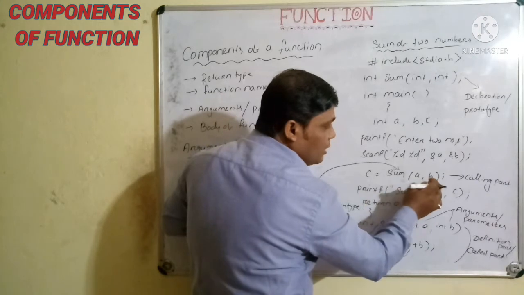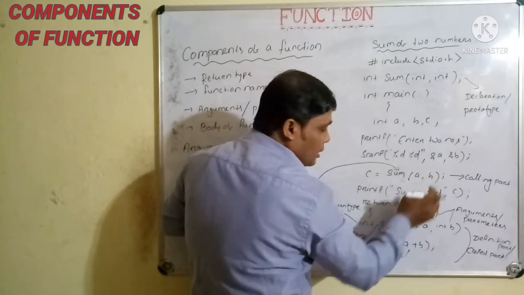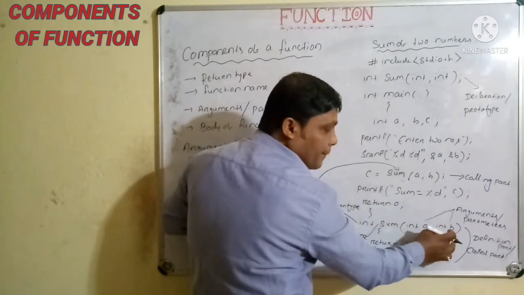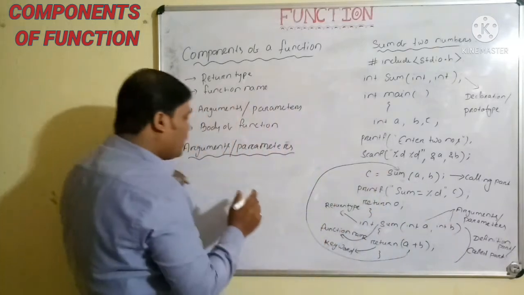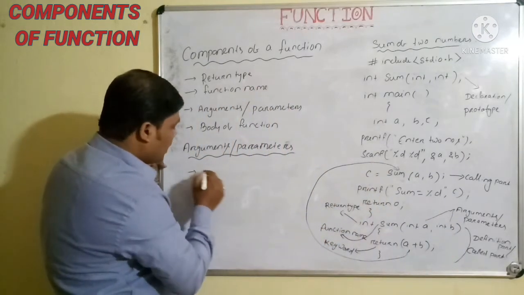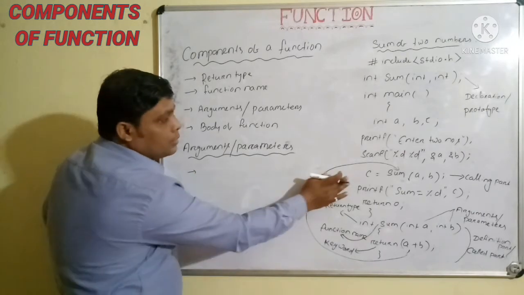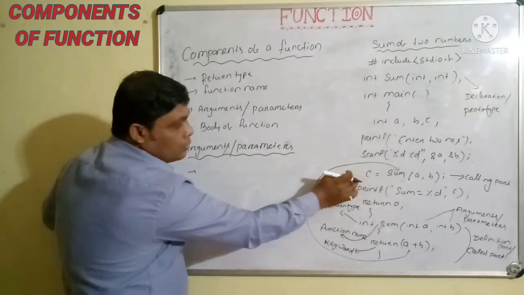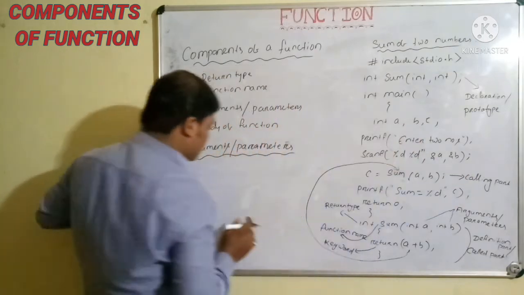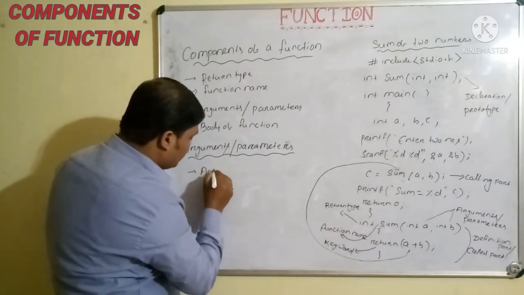Here you can see there are some arguments, and here also some arguments are there. So arguments are generally of two types. You can see in many books it is two types. One is the argument present in the calling part, which is called actual argument.